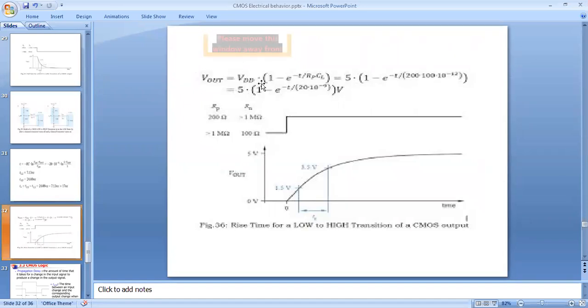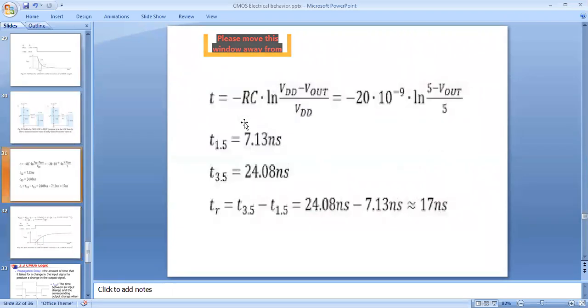Now VDD equal to 5 volts. Tau is nothing but RP into CL. See the previous circuit.